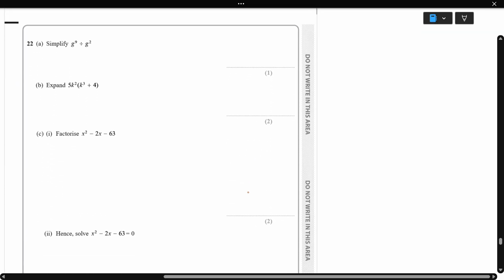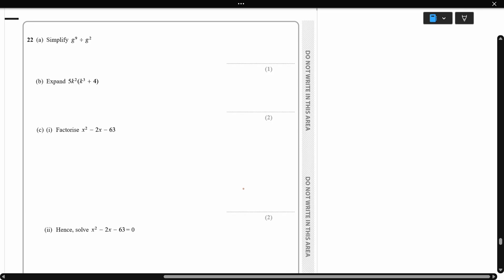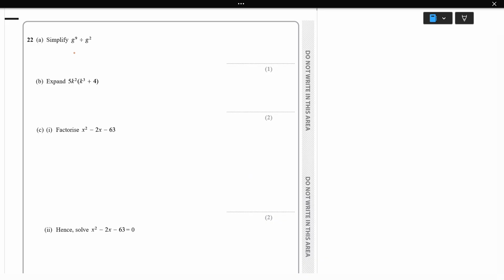Next, question 22. Simplify g to the power 9 divided by g squared. This is the exponent. When it's division, the exponents are subtracted. So g to the power 9 minus 2 equals g to the power 7. The answer is g to the power 7. Next one, expand. So we need to multiply 5k squared by k cubed.